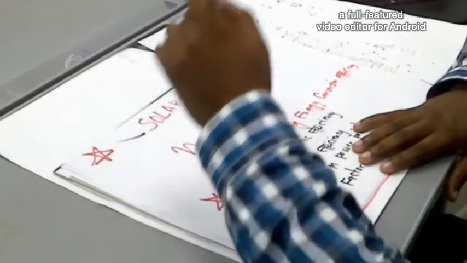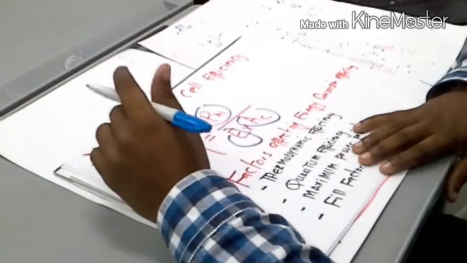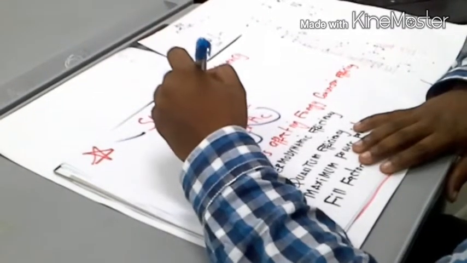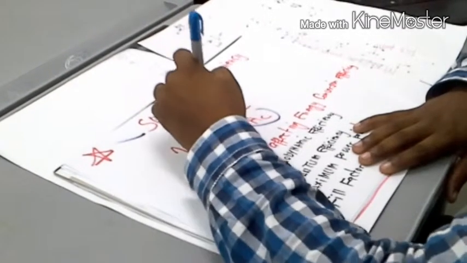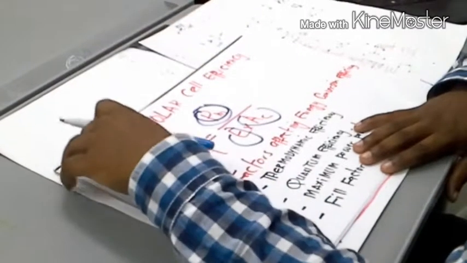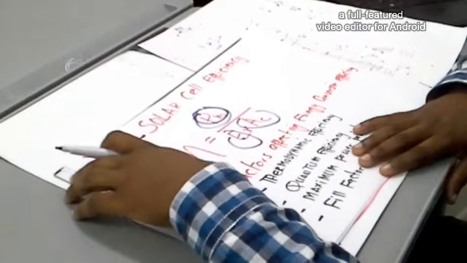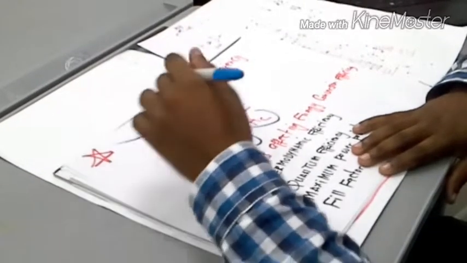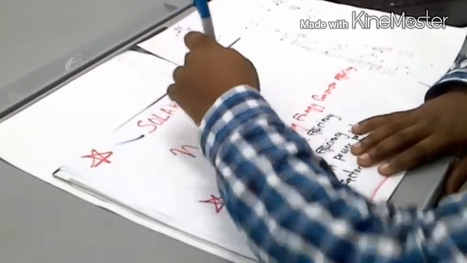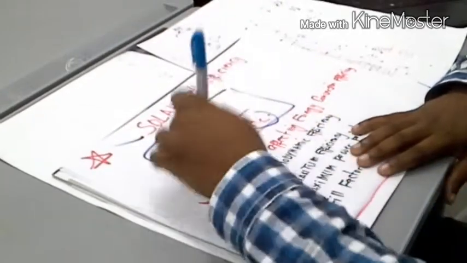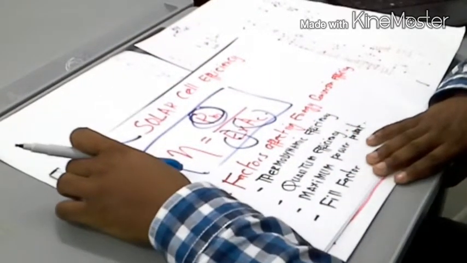This is calculated by dividing a cell's power output in watts at its maximum power point, Pm, by the input light, which is E, energy, and the surface area of the solar cell. This is how we can calculate the solar cell efficiency.